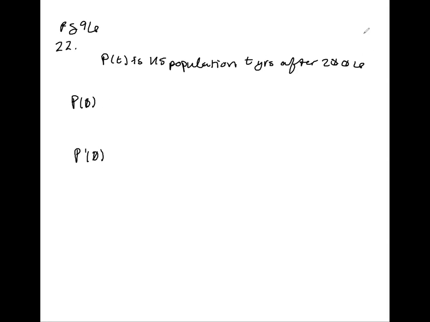Do you know what P of 0 would be? Do you have your book in front of you also? Because if I just read it out loud, then you probably wouldn't remember.